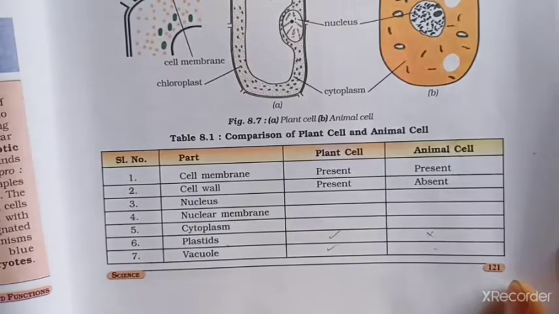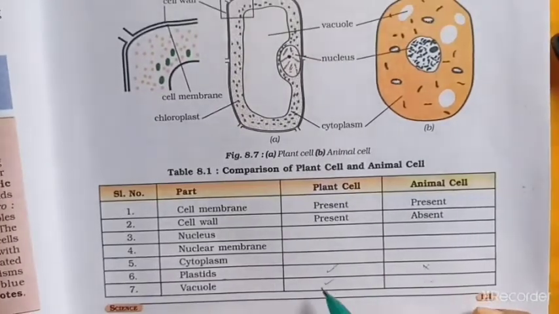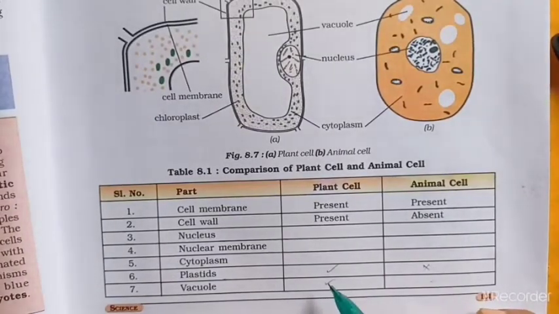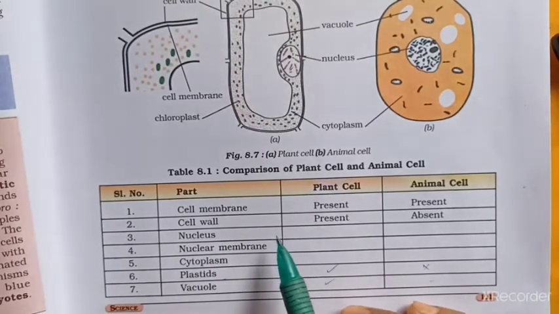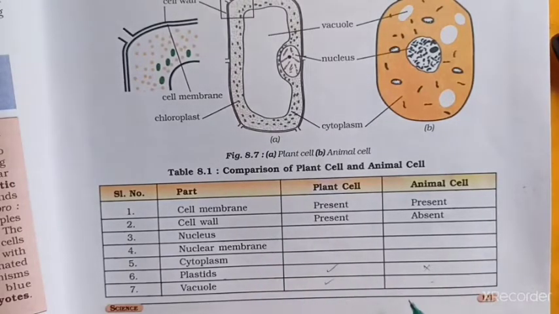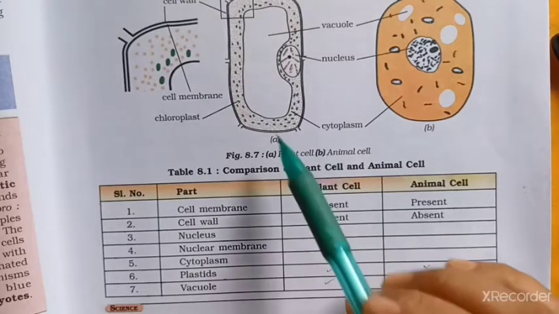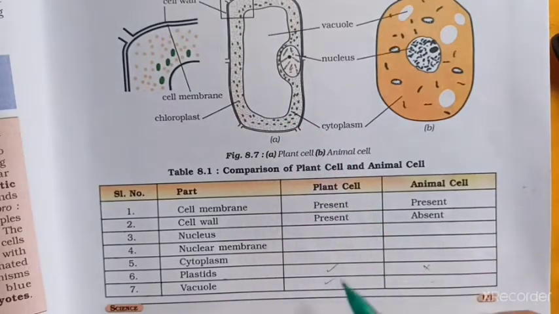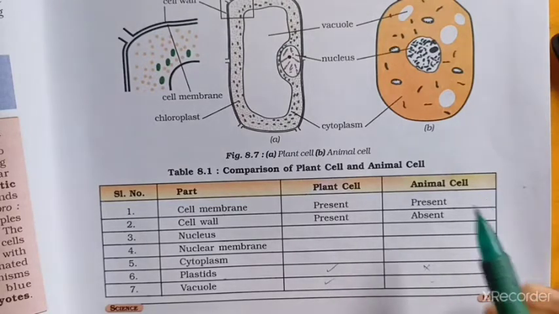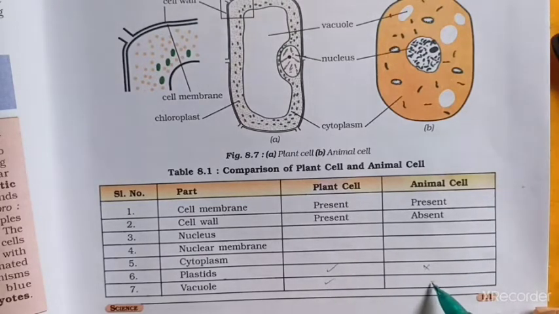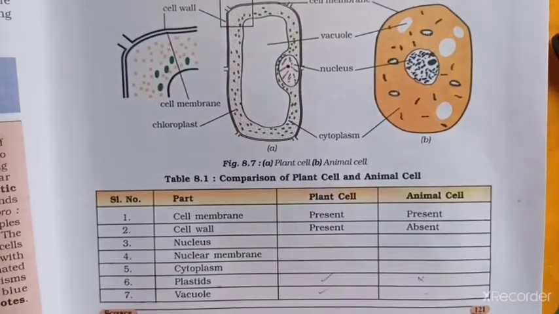So plastids are present in the plant cell, whereas plastids are absent in the animal cell. Large vacuoles are present in the plant cell, and vacuoles are present in the animal cell also, but they are very small. So this is the comparison of plant cell and animal cell.